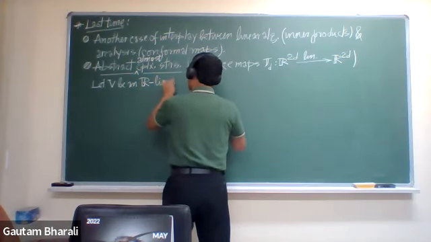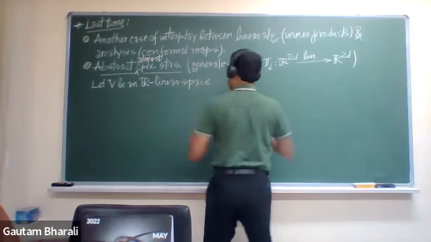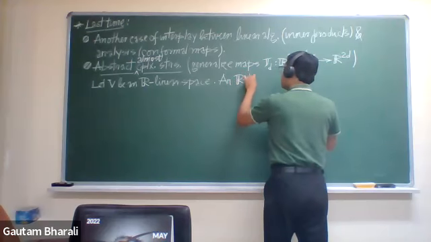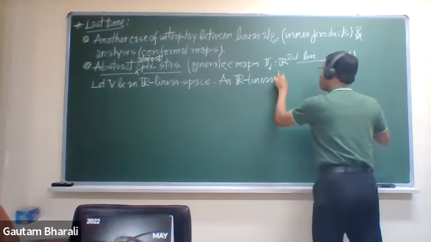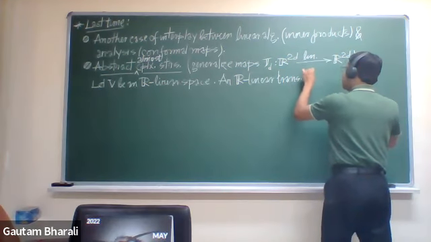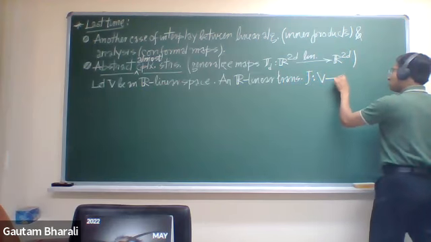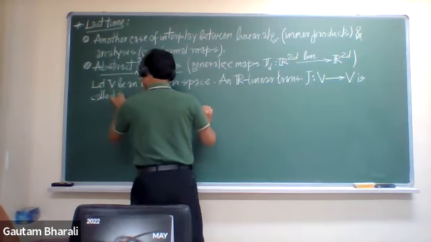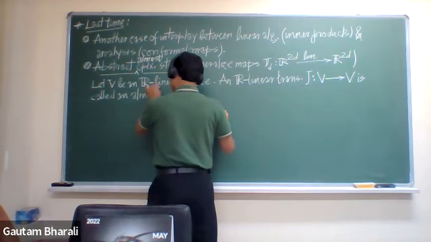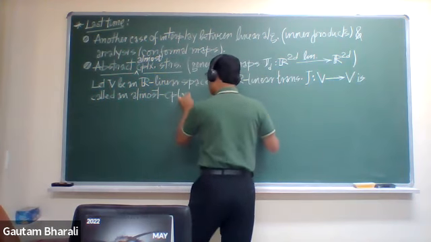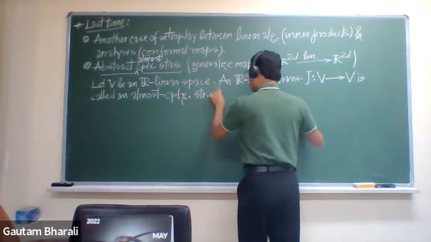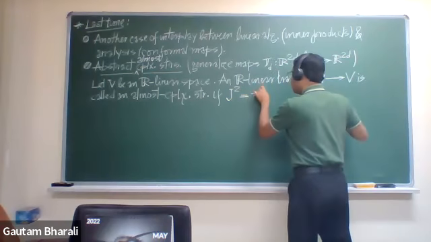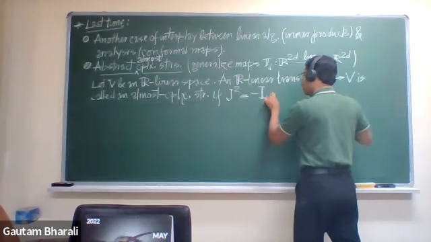A linear transformation J from V to itself is called an almost complex structure if J satisfies J squared equals minus the identity transformation on the vector space V.